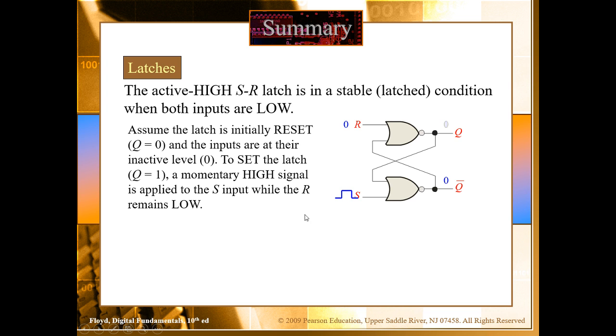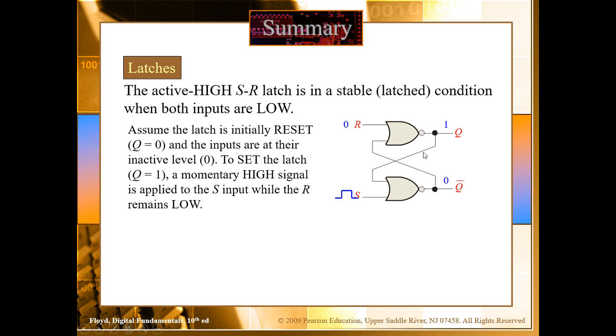So if I give S a 1, even momentarily, what that does is that sets up a 0 on the output here, and that 0 gets fed back in to the input of this other NOR gate. And so if you have a NOR gate, any 1 on your input gives you a 0. And then if you have two zeros on your input, that gives you a 1.